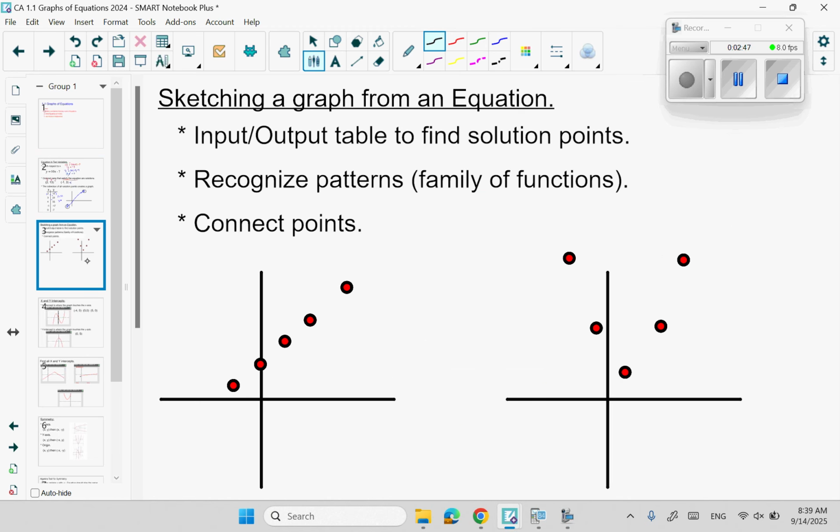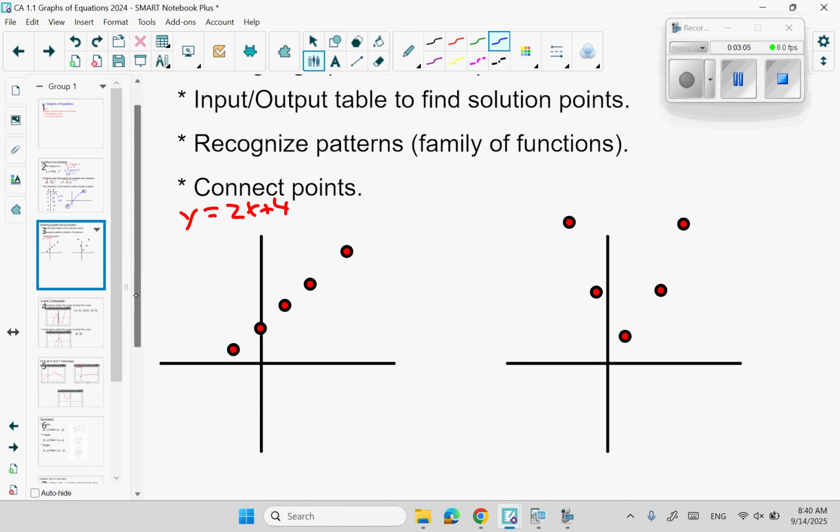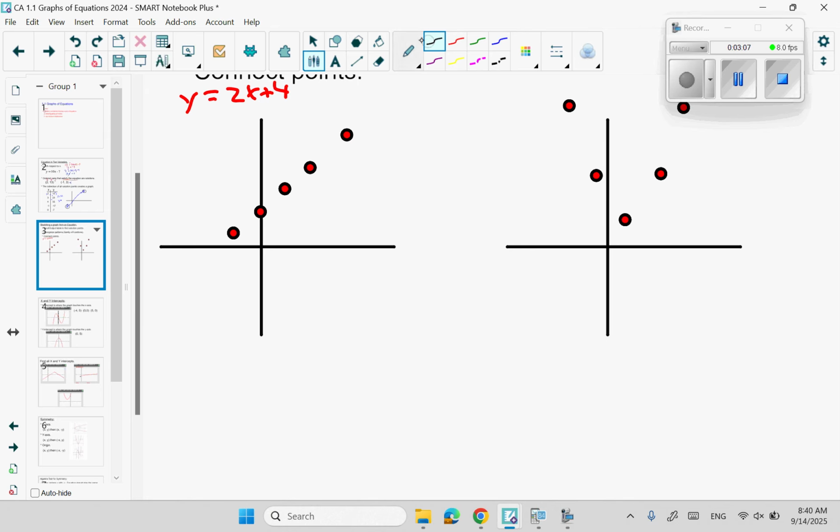Let's say I'm sketching a graph from an equation, so I have some sort of equation. Let's say for the sake of argument, this is y equals 2x plus 4. So I could create an input-output table where I have my x values, I have my y values, and then I have an x comma y.